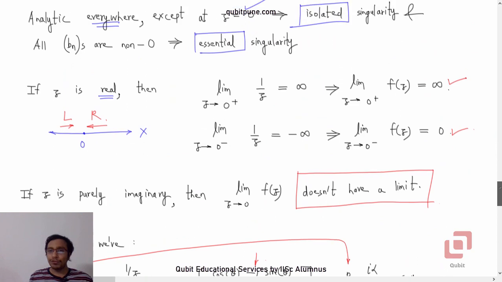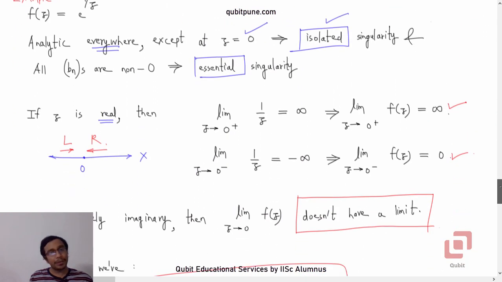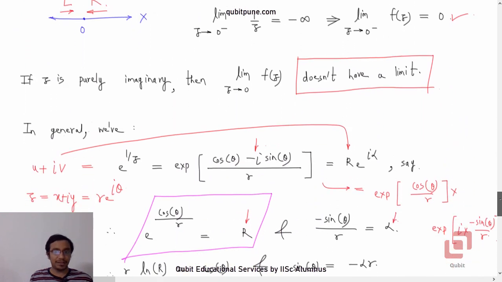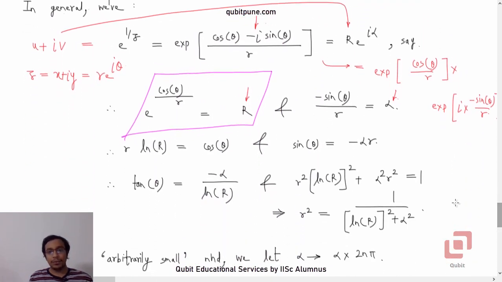Now to show that this function takes on every value except for one possible exception, we proceed as follows. We try to get the argument and the modulus. First, let us obtain tan theta, which is the easier thing to obtain. Divide the second equation by the first.